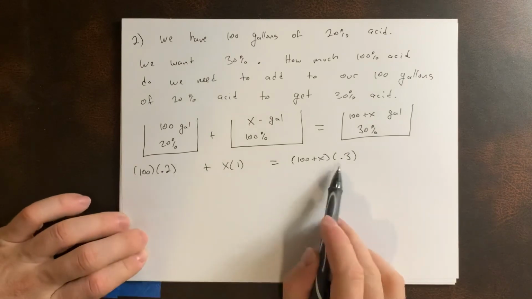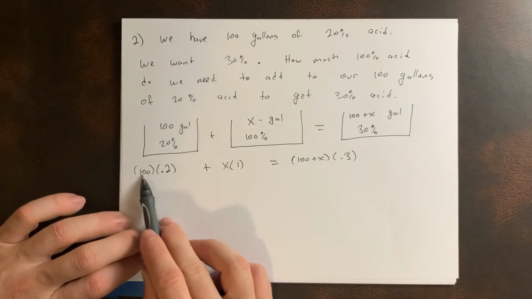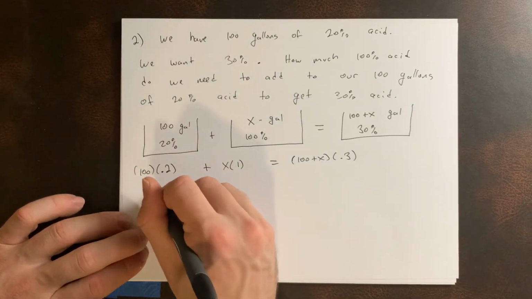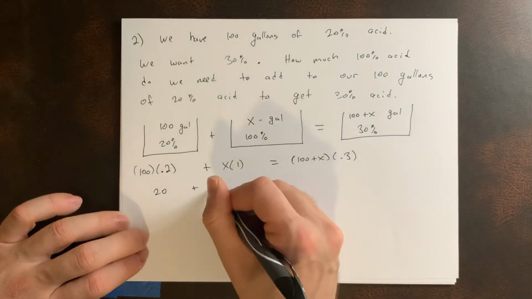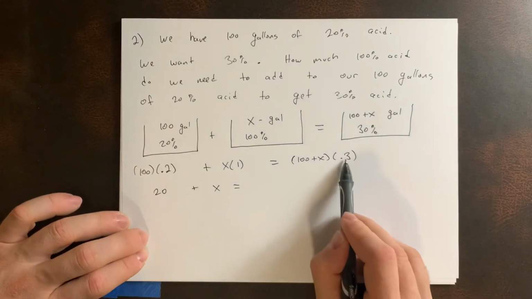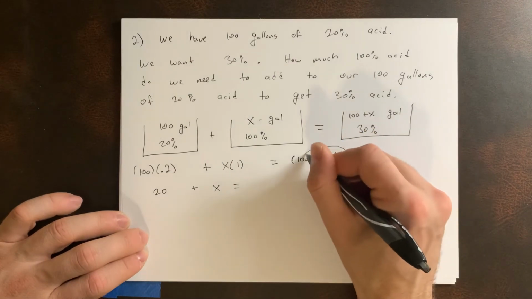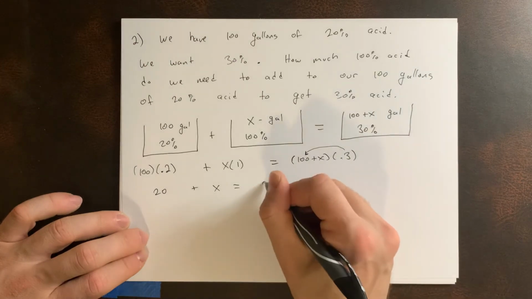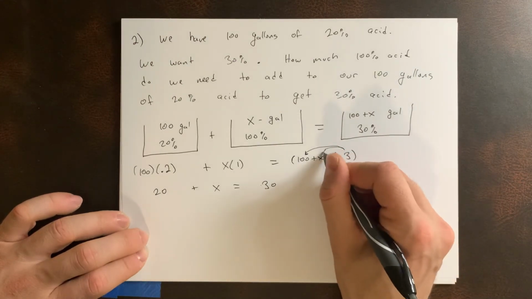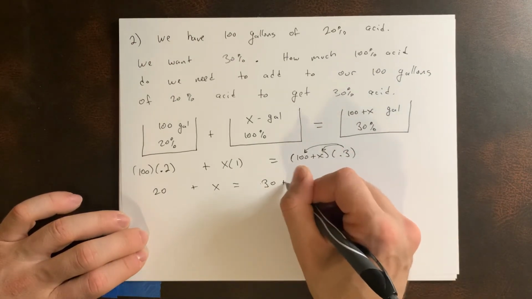Okay, so now we want to solve this equation for X. Here we have 100 times 0.2, that's 20. 1 plus X times 1, that's just X. And here we have 0.3 times 100, which is 30, and then 0.3 times X, which is just 0.3X.